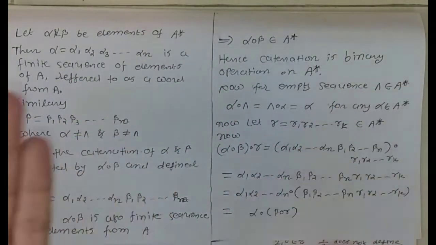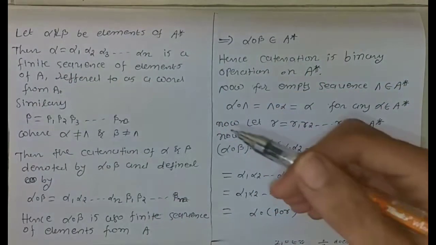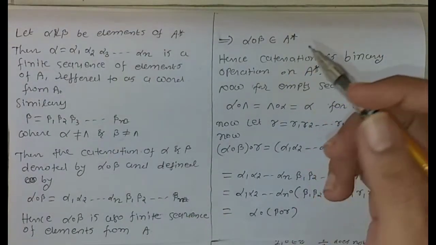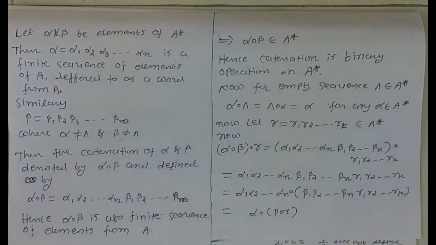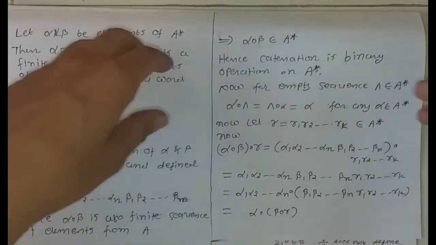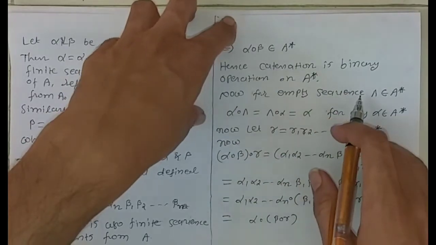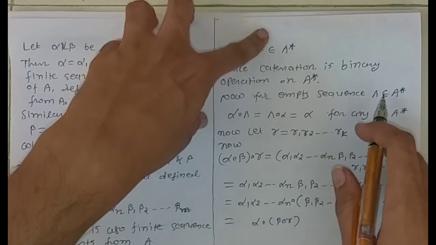Now we saw that this binary operation is associative. Okay, then we are done. Finally, after defining this binary operation and showing it is associative, our aim is done.